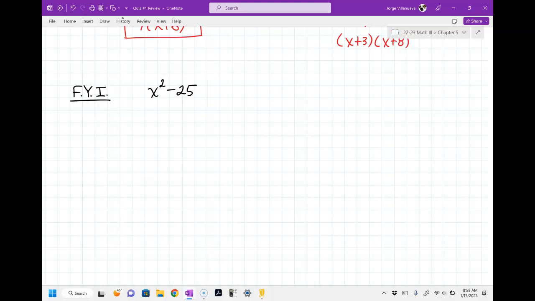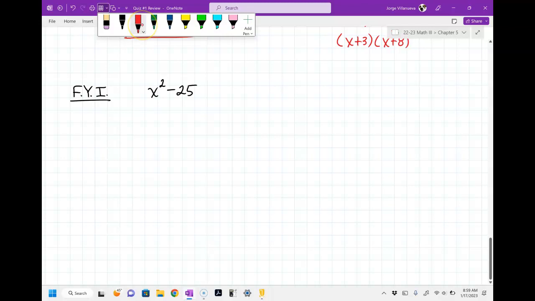Is it a difference of 2 squares? That is. Okay. How do I know? Well, first off, it's a difference because there's a subtraction. The 2 squares, well, the x squared is pretty obvious, right? It says squared on it. But then I got to look at the 25 and say, can I write 25 as something squared? Well, yeah, 5 squared. That is a difference of 2 squares.